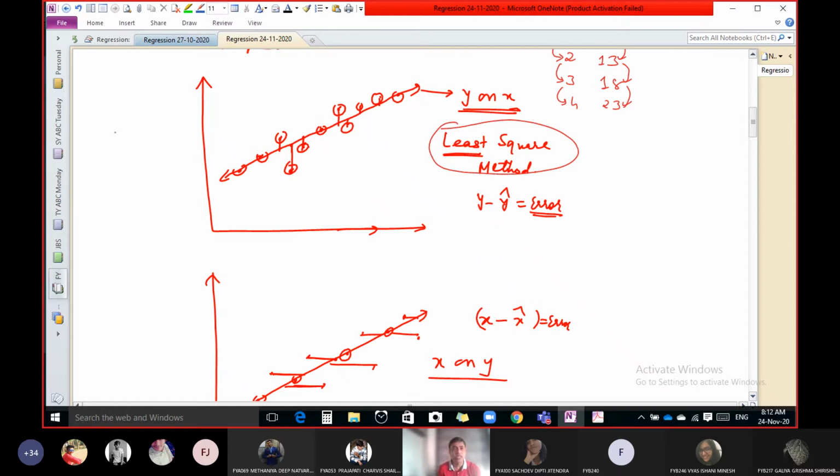So, what is the logic behind this least square method? Let us discuss that. Actually, it is beyond our syllabus, but let us discuss it. We have different values of x and y. If we plot those values on graph paper, maybe we have a graph like this.